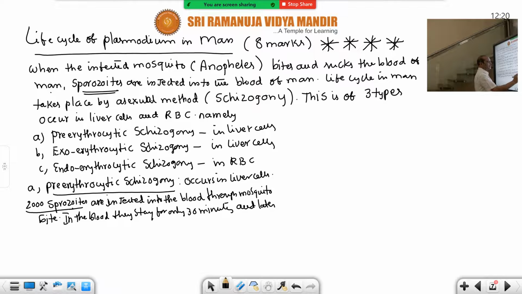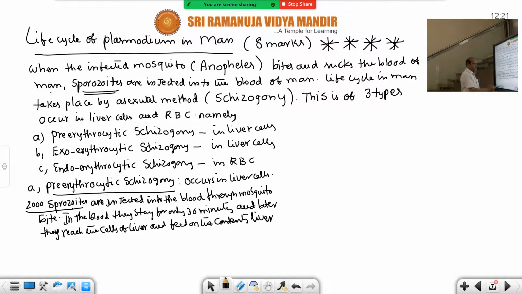So like this pre-erythrocytic schizogony should be written, and later they reach the liver cells and feed on the contents of liver, glycogen, etc.